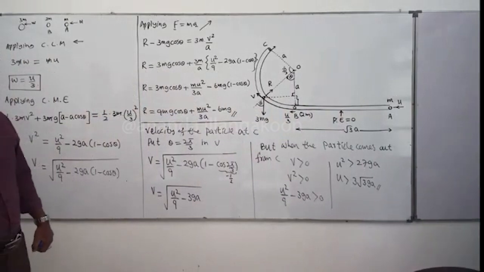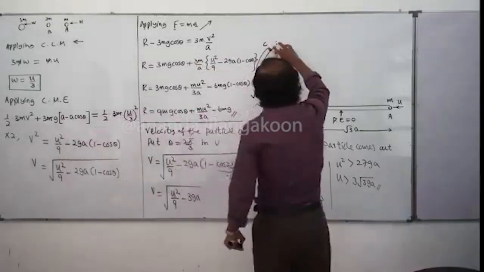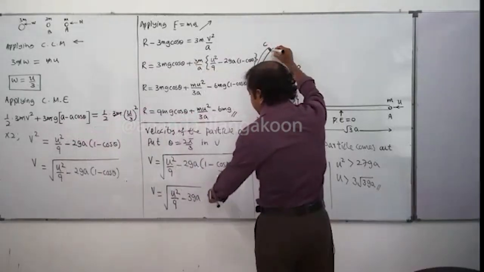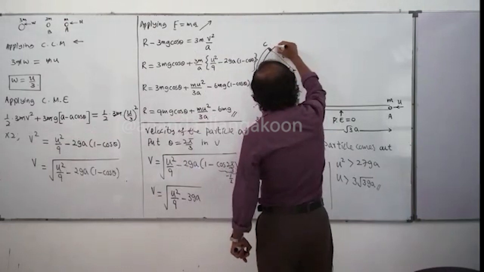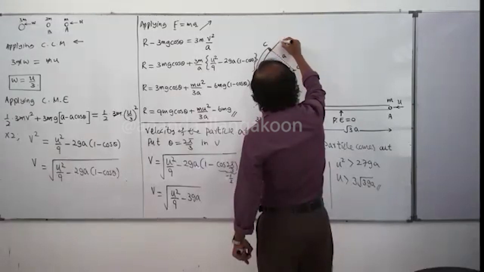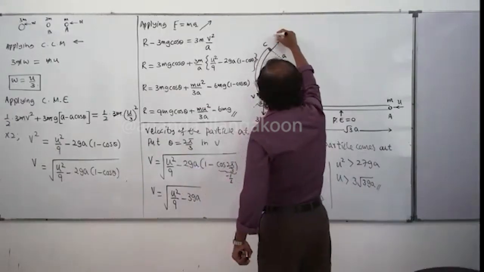Now after reaching the point, the particle comes out with this velocity. At that moment the particle moves along the tangent drawn to the tube at this point. This velocity, I will take the square root of this. I take that as v dash.